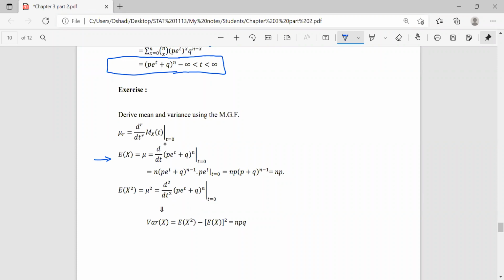Then, as we found earlier, the first moment, or the mean, equals np. For the second moment, we obtain the second derivative of the moment generating function and then let t equal 0. It will give us the variance npq. So is that clear up to now?